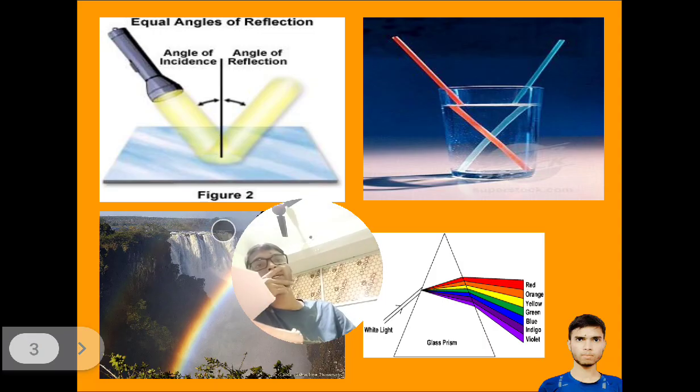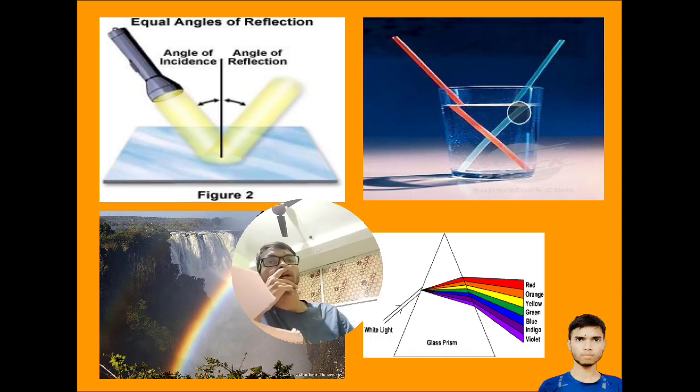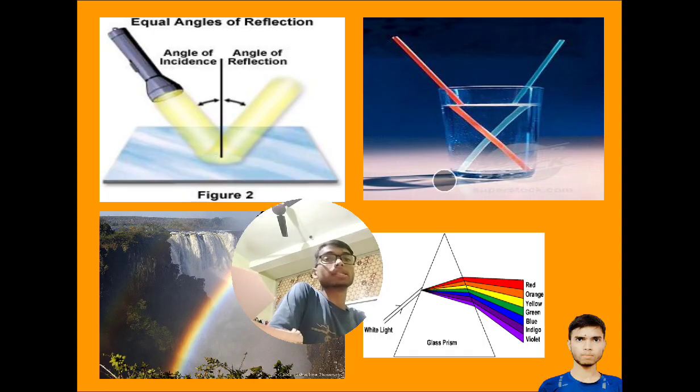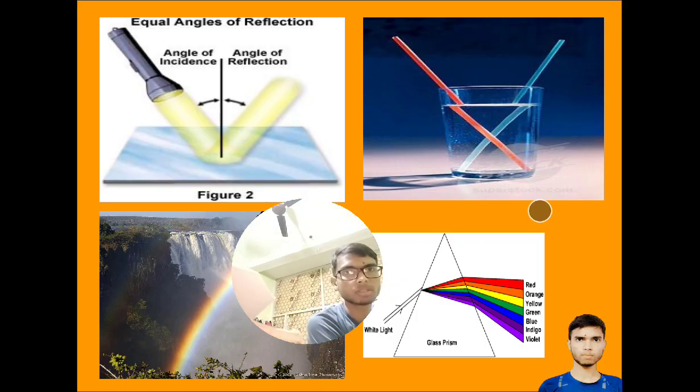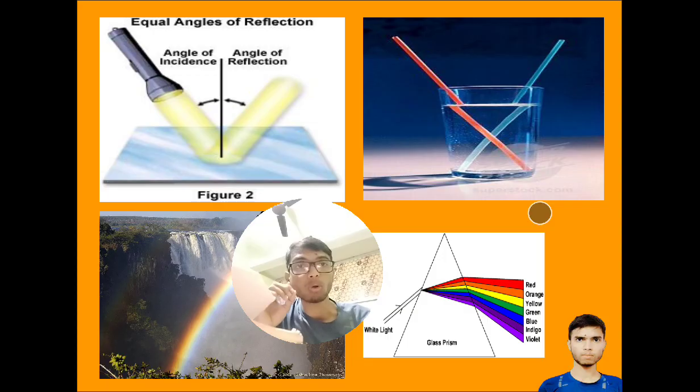So we were understanding the shadow of these two pipes. But what is the reason behind it? The reason is very simple. The two pipes are opaque objects. This is the reason. You already know what is opaque.